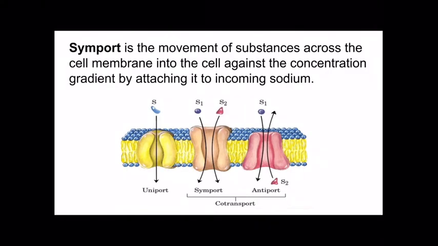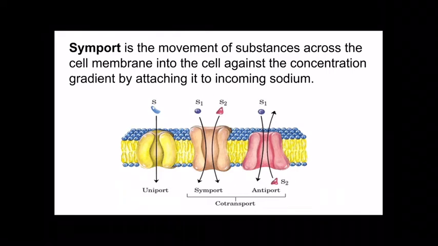So there's symport, which is the movement of substances across the cell membrane into the cell against the concentration gradient by attaching to incoming sodium. So all that means is symport is using that incoming sodium to bring other stuff into the cell as well.